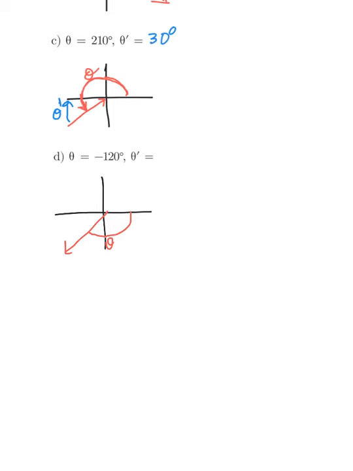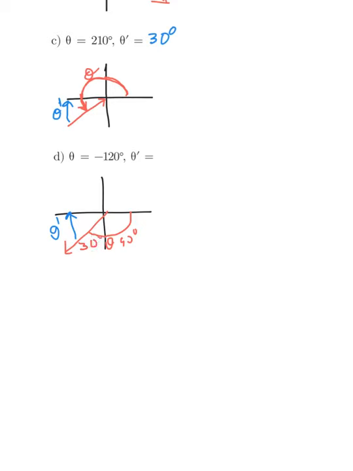If we are in quadrant 3, our reference angle goes from where we stopped up to the x-axis. There's theta prime. So let's think about what we did to get theta. We went 90 degrees here, and to total 120, we had to go 30 more degrees over here.